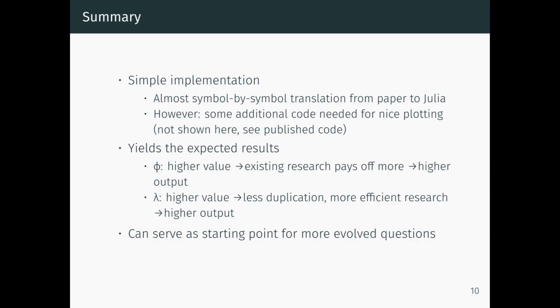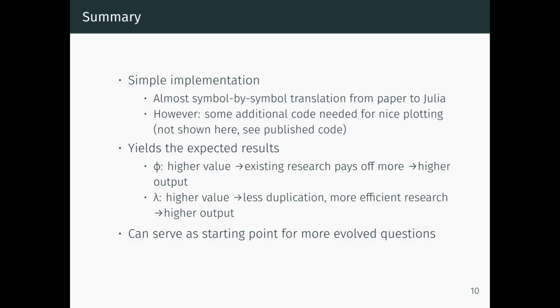Overall, the simulation model yields the expected results. So we have tested the parameters that Chad Jones introduced in his paper, and a higher value of phi, for example, leads to existing research being more suitable for new research, and that leads to higher output.